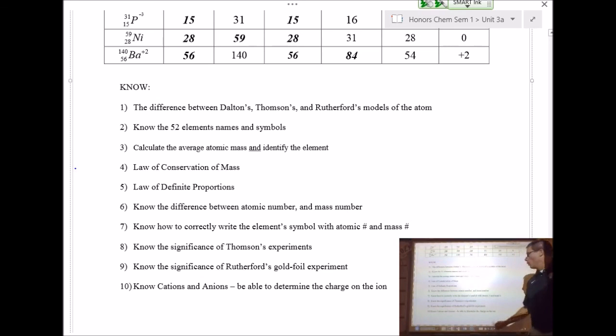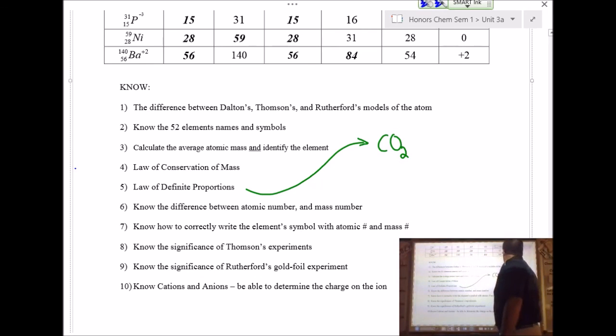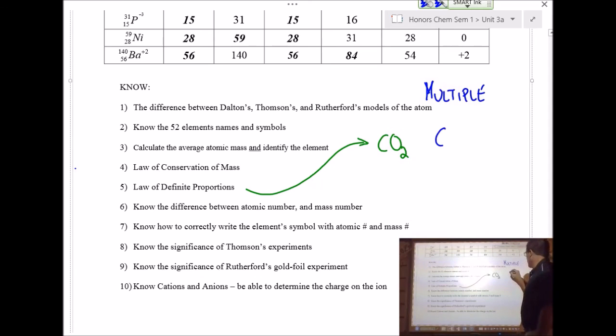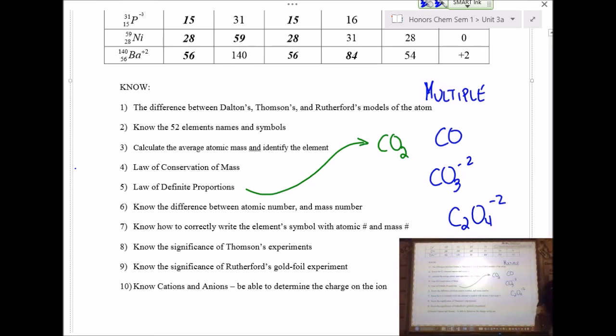Good. When we talk about the law of definite proportions, this is saying that if I have a molecule of carbon dioxide, I go to Pluto and find what I think is carbon dioxide, it better have that. What is not on here is the law of multiple proportions. Multiple proportions says, okay, I've got this carbon dioxide, but I also could have carbon monoxide, I could have carbonate, I could have oxalate, I could have a lot of things from this carbon and oxygen combination.